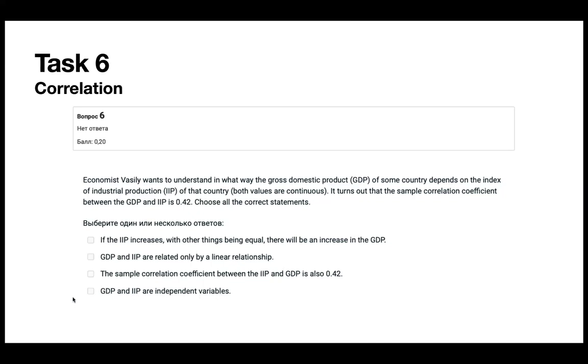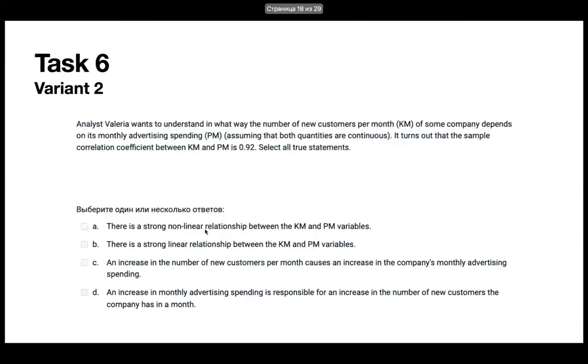That's not true because independent variables would have a correlation near zero. So now let's take a look at the task in the second variant.